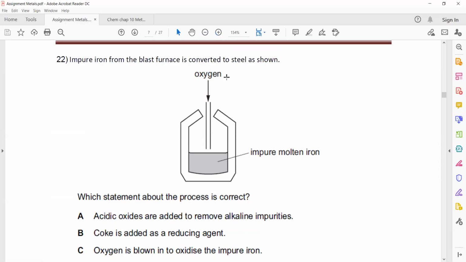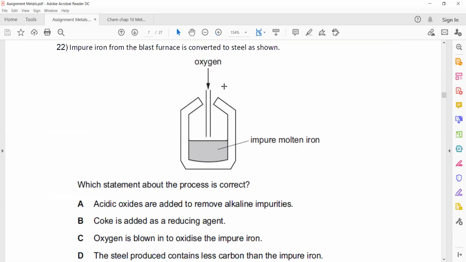Impure iron from a blast furnace is converted into steel. Which statement about the process is correct? Acidic oxides are added to remove alkaline impurity. That's wrong. It is opposite. Basic oxides are added to remove acidic impurity.